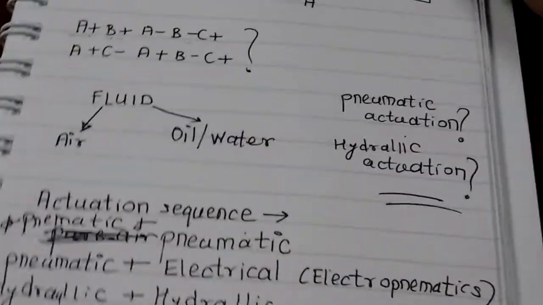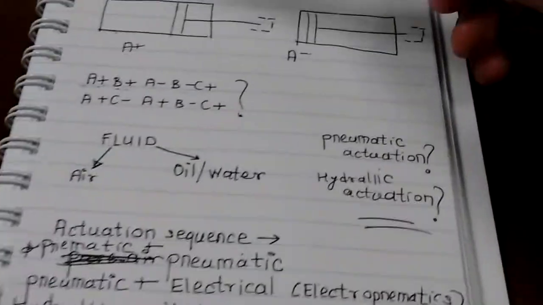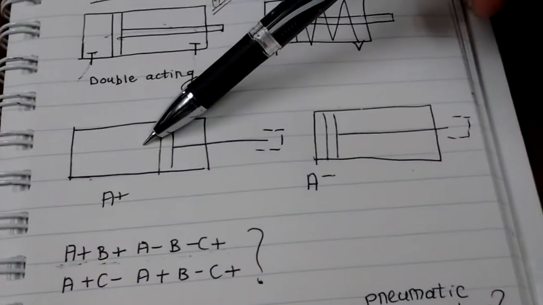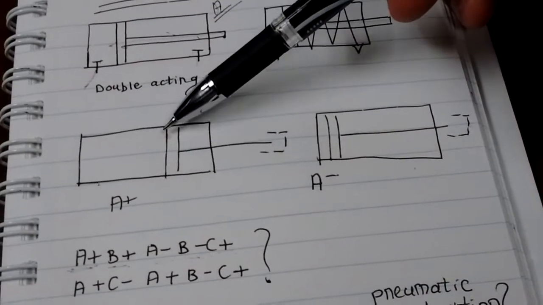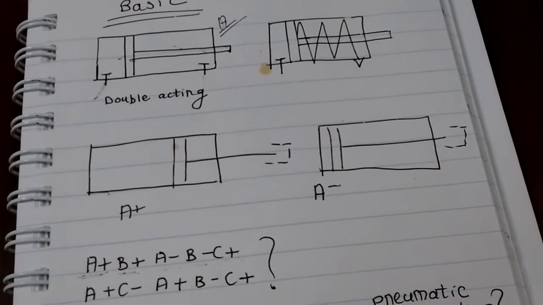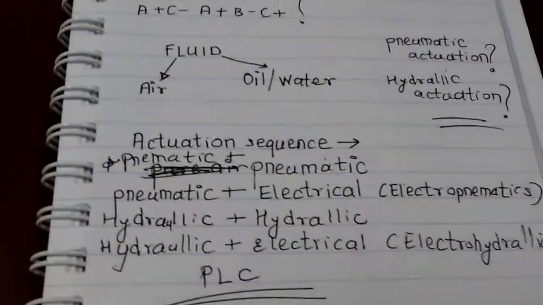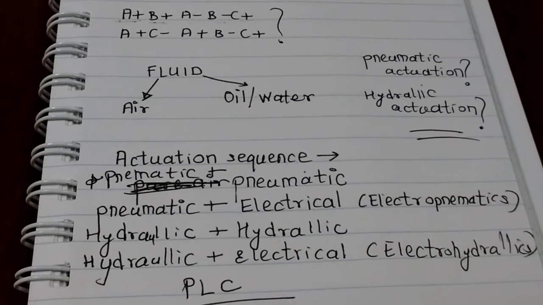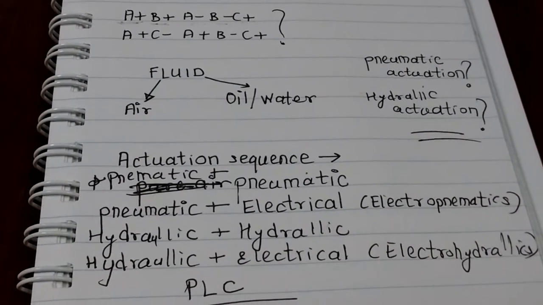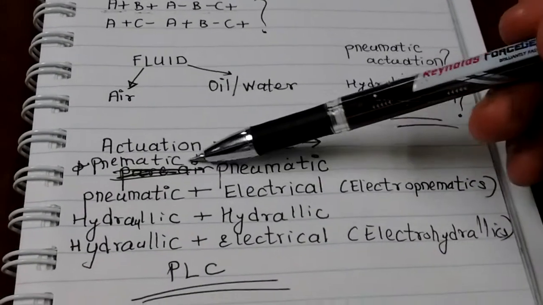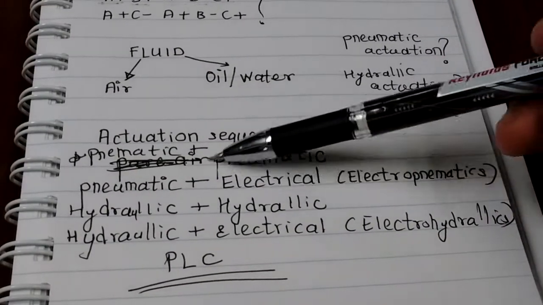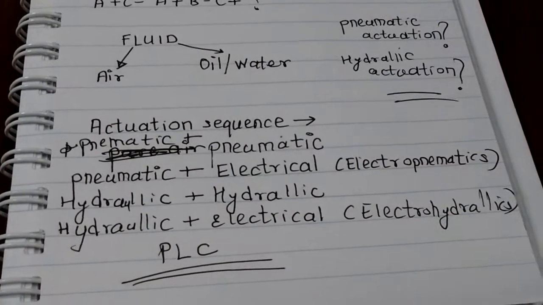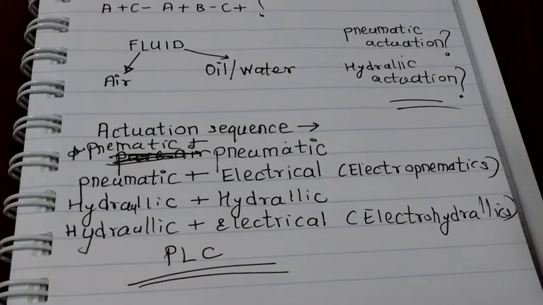So the fluid which would actuate the cylinder would be either water, oil or air. So actuation would be either hydraulic or pneumatic. But the sequencing, which is done, can be of hydraulic type, pneumatic type or electrical type. So if the actuating fluid is pneumatic and sequencing is done using pneumatic circuits, which we'll learn later, then it is pure pneumatics.